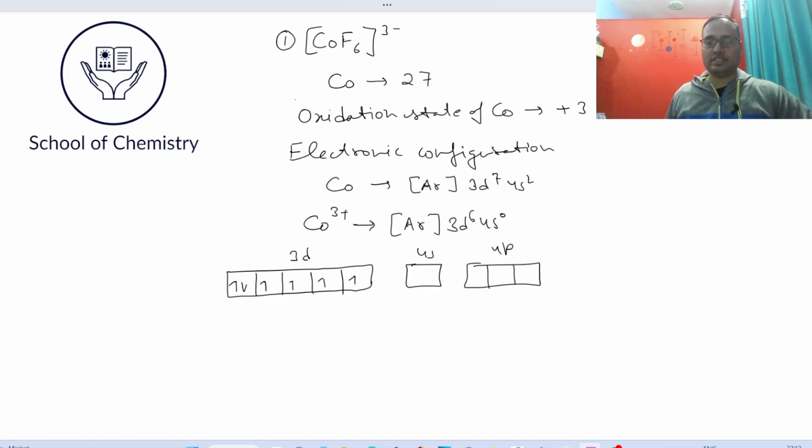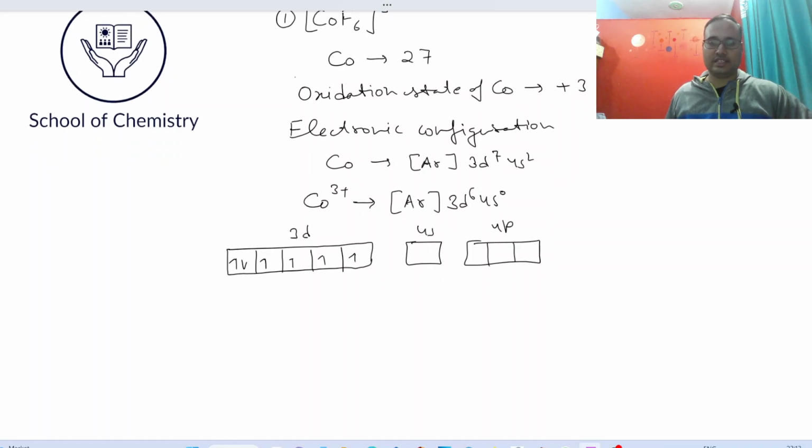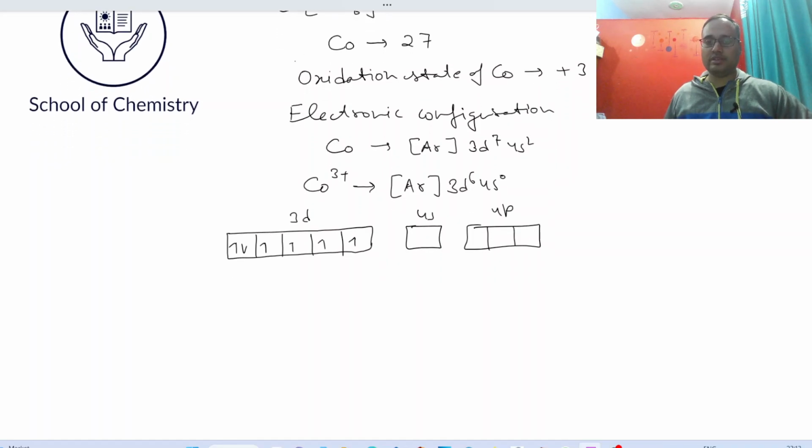4p. Fine. Now the ligand which we will be having over here is the F negative. So we will be requiring 6 orbitals. So in that case we will also be using the orbitals of 4d. So this is a 4d.